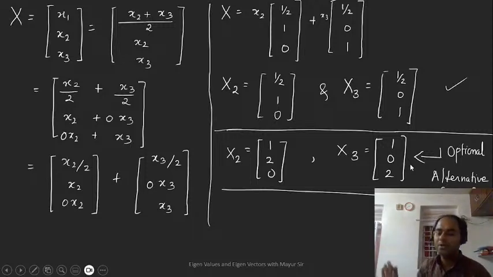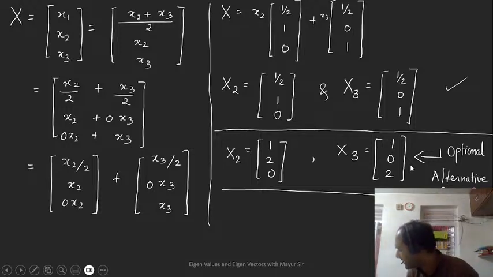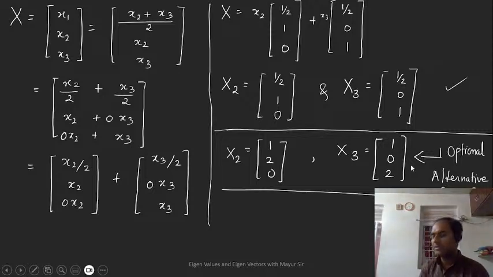I told you that eigenvectors are not unique, they can change from person to person. Are you getting that? Hit like in the like section or in the comment section, then I can follow that. So this is how you find the eigenvector for the repeated case.